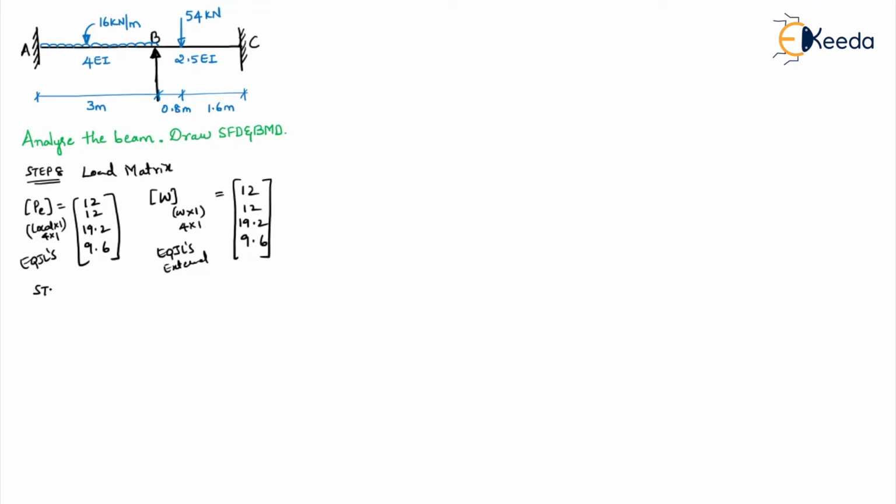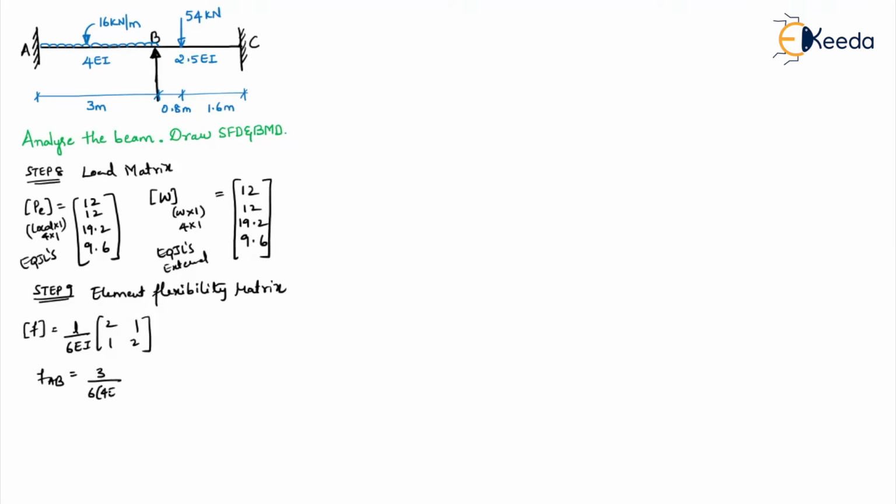Okay, then is your step 9 where you have to find your element flexibility matrix. So what is your standard form of element flexibility matrix? That's your L by 6 EI into [2 1; 1 2]. Okay, we're taking this. So your FAB will be what? L 3 by 6 EI is 4 EI into [2 1; 1 2].